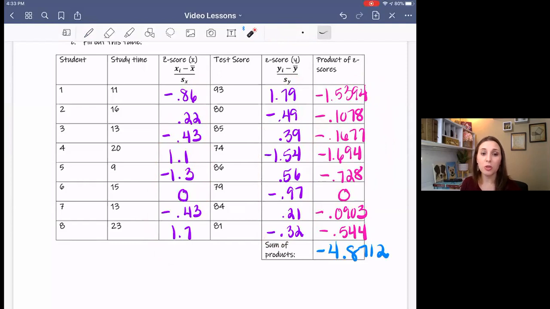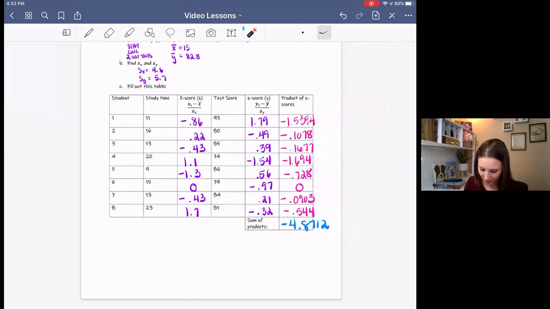So once you do all your z-scores, you multiply them, and then you add up all the products of your z-scores. You should get something close to negative 4.9-ish. I didn't round, so I got negative 4.8712.